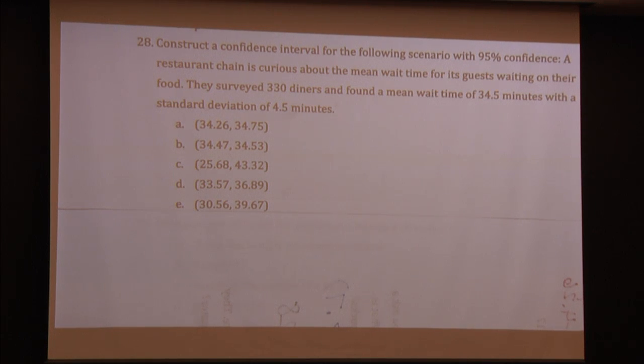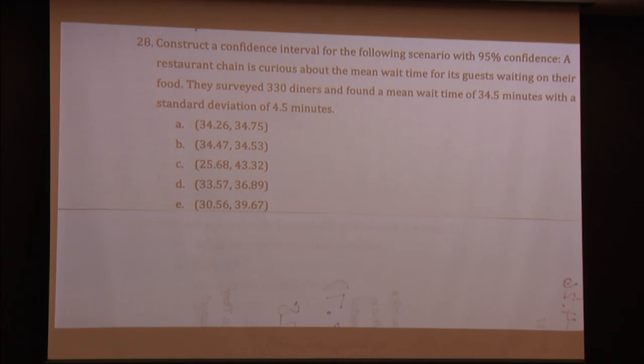Okay, so time to construct a quick confidence interval. We're going to construct a confidence interval with 95% confidence.